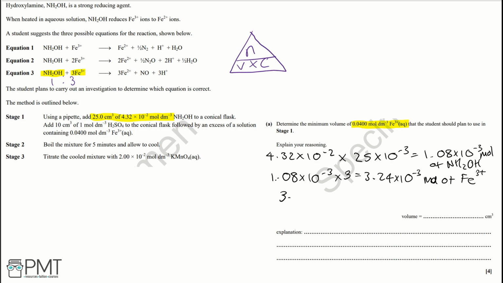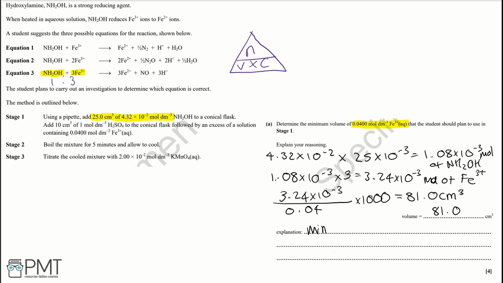So that would be 3.24 × 10⁻³ divided by 0.04 and then multiplied by 1,000, because we want to convert our volume from decimetres cubed into centimetres cubed. That gives us an answer of 81.0 centimetres cubed, which we then write on the answer line provided.